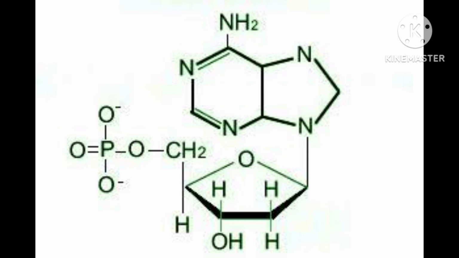Only at carbon number 2, where OH was there, there is no OH. O is not there, H is there. Up and down, only H is there. Other things are as it is, like beta D ribose. OH is not there, H is there.